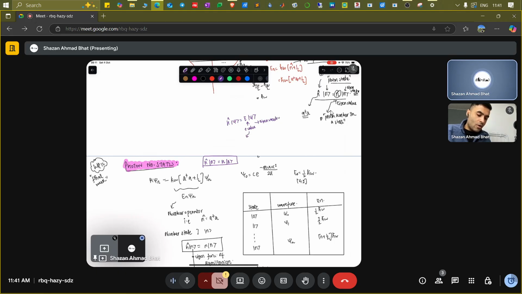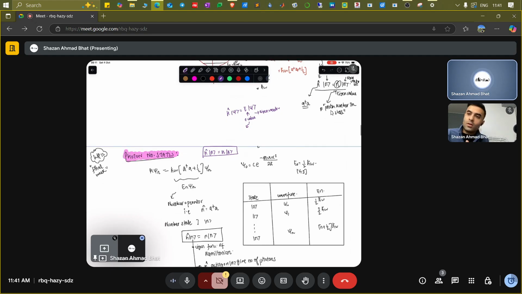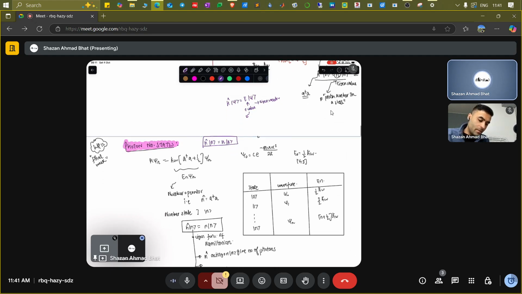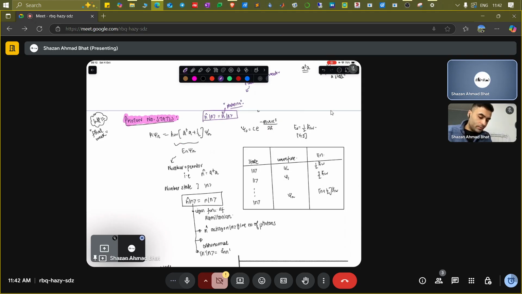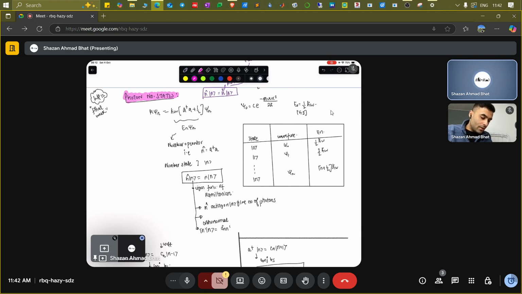And remember, this eigenvalue is actually some number. Whenever you talk about energy, you have some number. Similarly, this is some number, which is here the photon number. That is why you see that the analogy has been drawn.